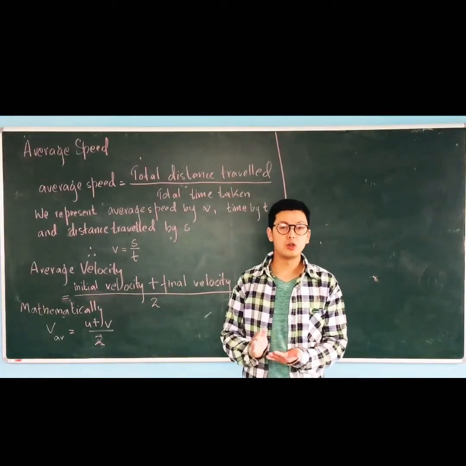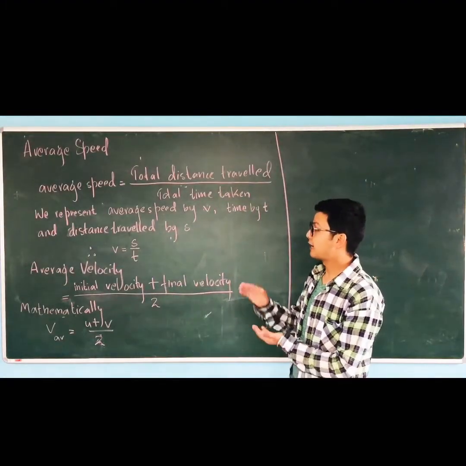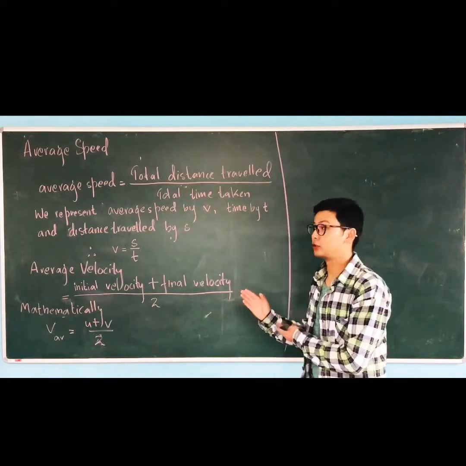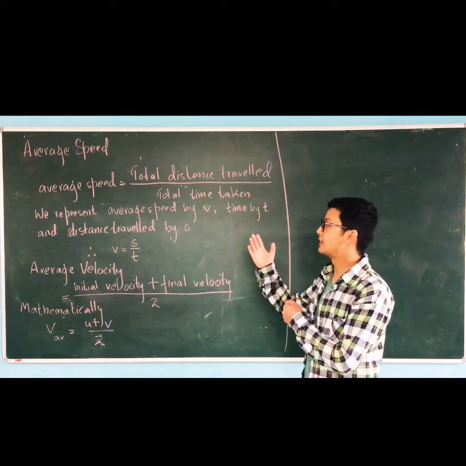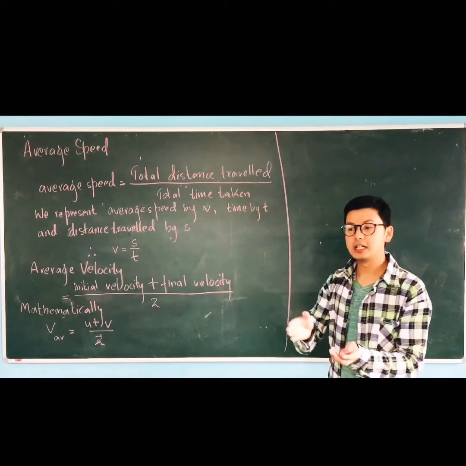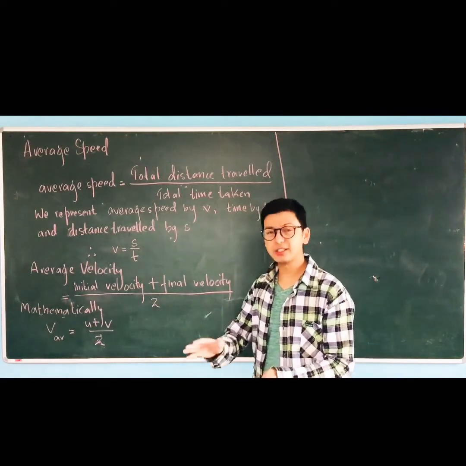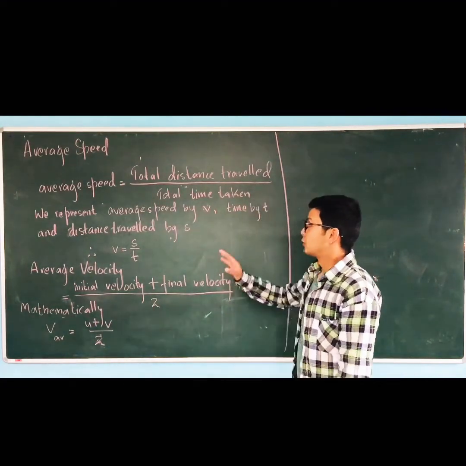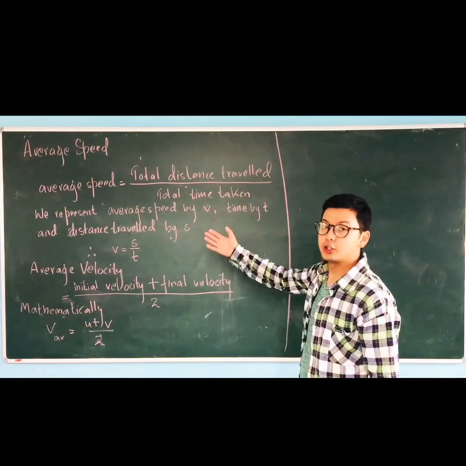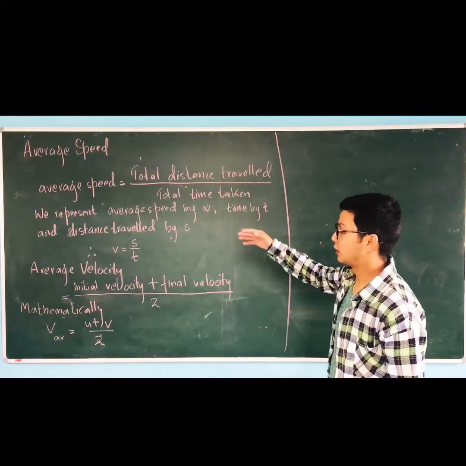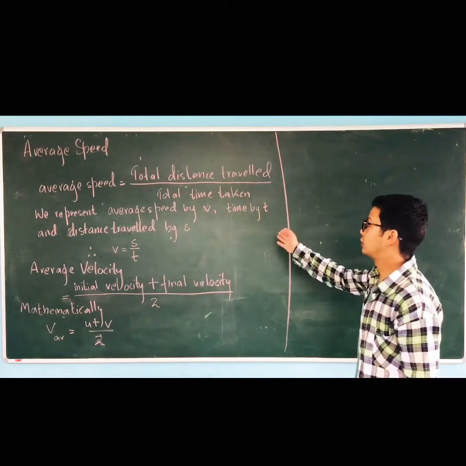And now moving on, we have average speed and average velocity. So how do we find average speed and average velocity? It has already been given in the book. To find average speed, we have the total distance traveled by total time taken.